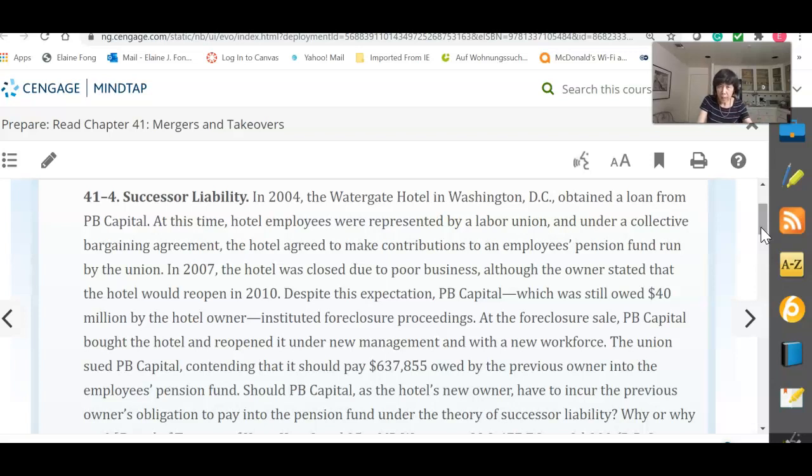What else do the facts tell you? There's new management that is brought in. There's a new workforce that is brought in. And so you have a different business that starts operating the hotel. You also have this lapse in time.